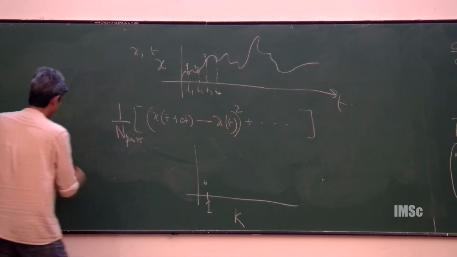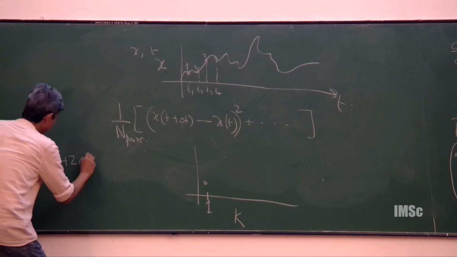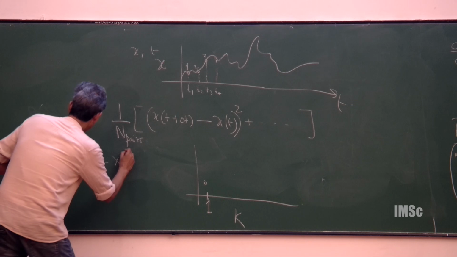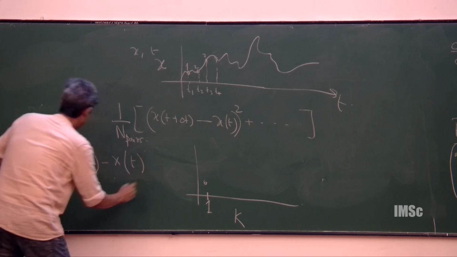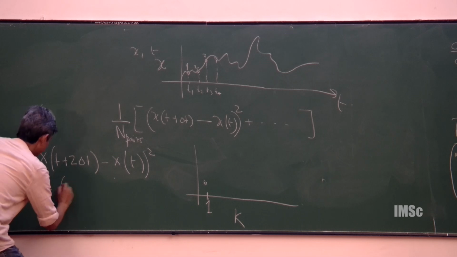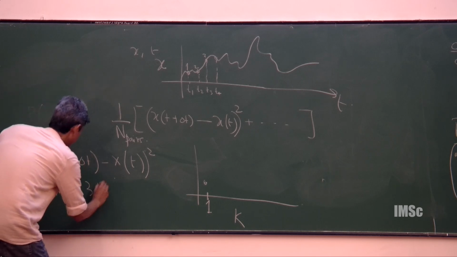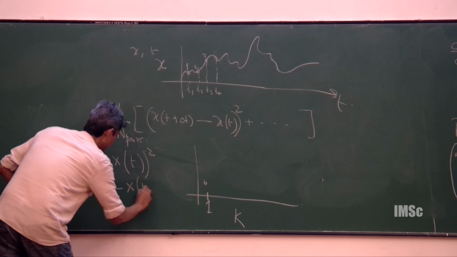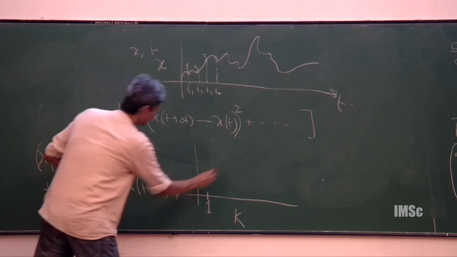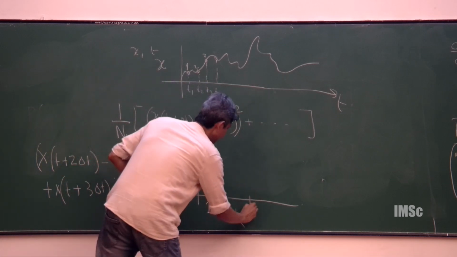So now you are looking at x at t plus 2 delta t minus x at t whole square plus x at t plus 3 delta t minus x at t plus delta t whole square, and so on. So you will get a number over here for k equals 2. And in this way, you keep on increasing the k.